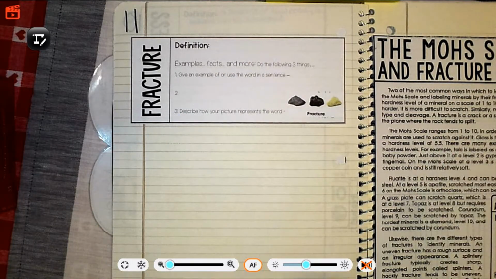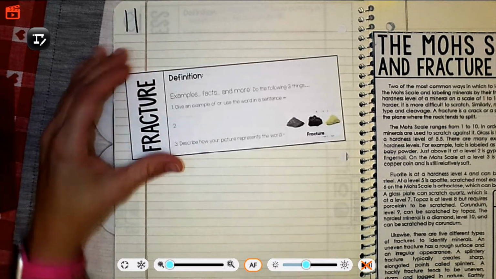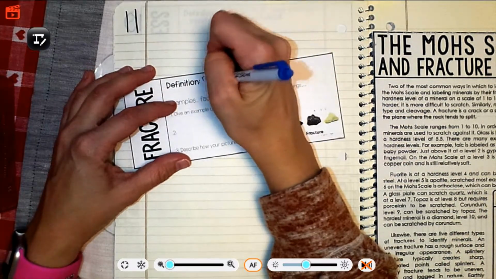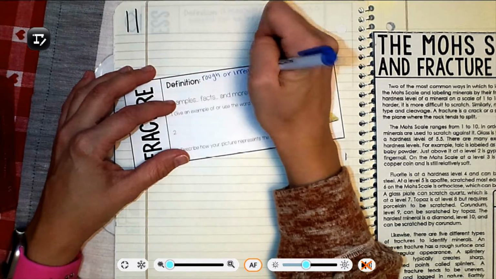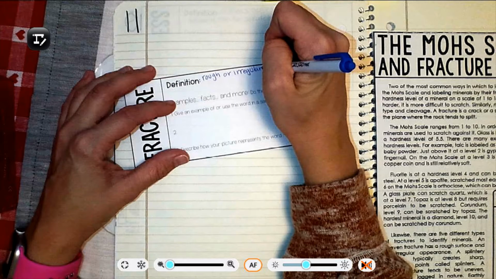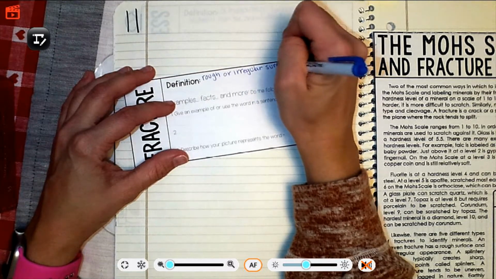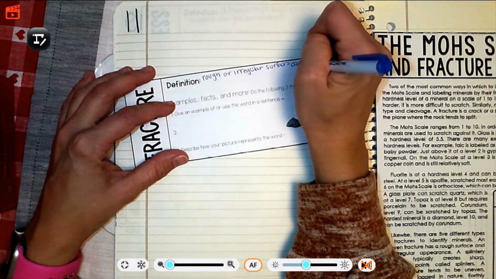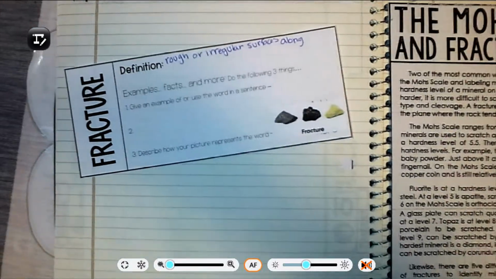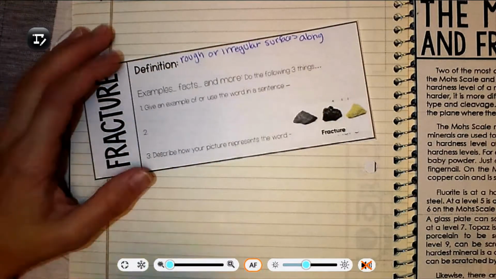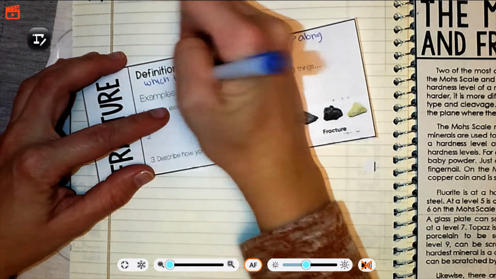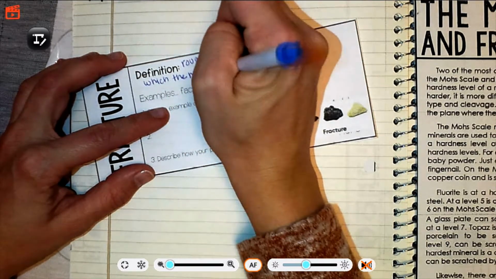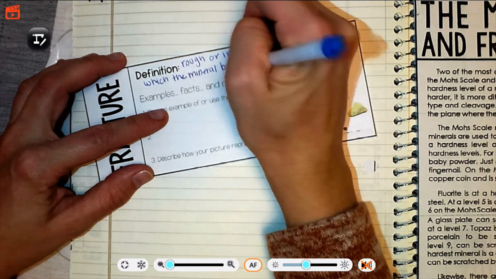Okay, so fracture refers to rough or irregular, so not normal, surfaces along which the mineral breaks randomly.